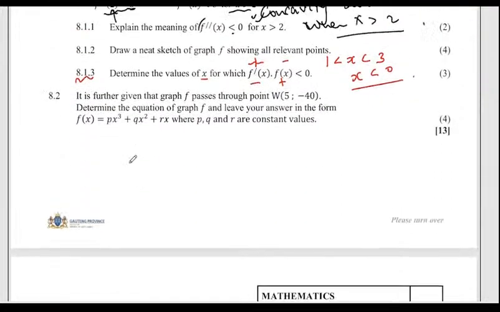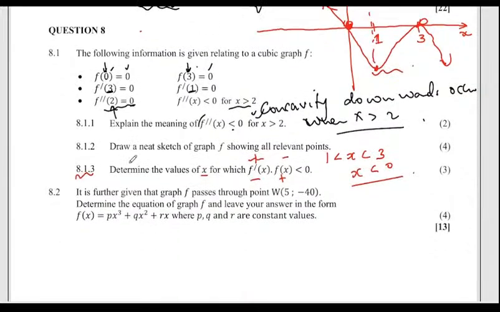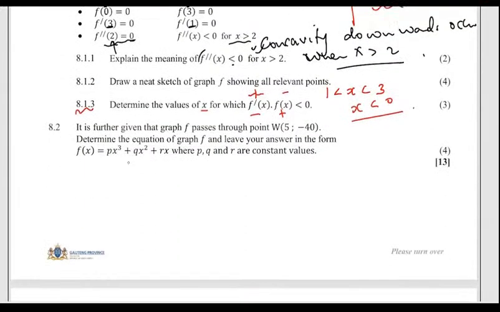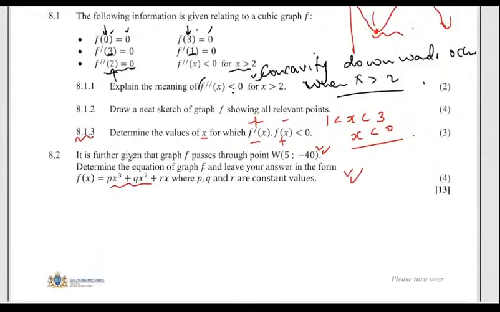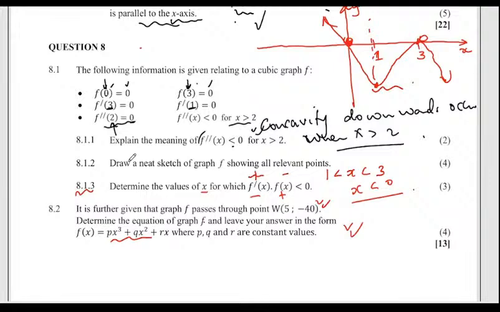Then with the same information that we have, it is further given that f passes through this point. Determine the equation of the graph. Leave your answer in this sort of form, where p, q, r are constant values. Now, there are quite a lot of ways of doing this, but I already have my intercepts. I have a 3, I have a 0, meaning that life is so simple for me.